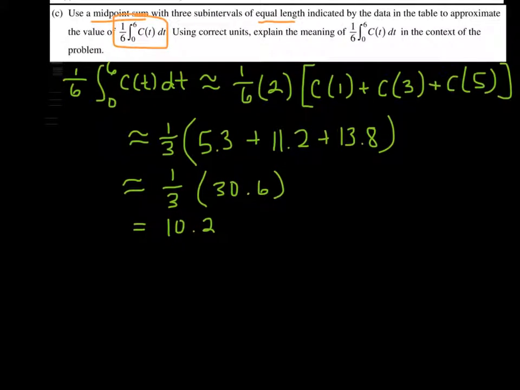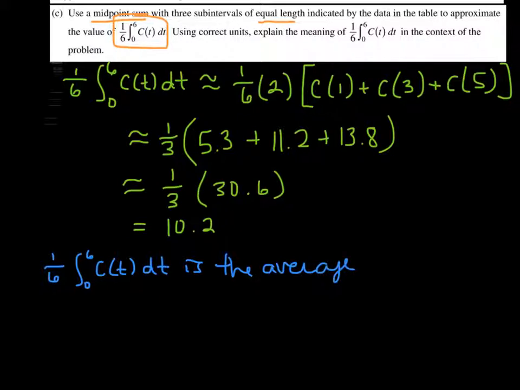So hopefully as you're approaching this problem, when you see a fraction in front of an integral from 0 to 6 of the function, your brain is telling you that is average value. So I would say that 1/6 the integral from 0 to 6 of c of t dt is the average.